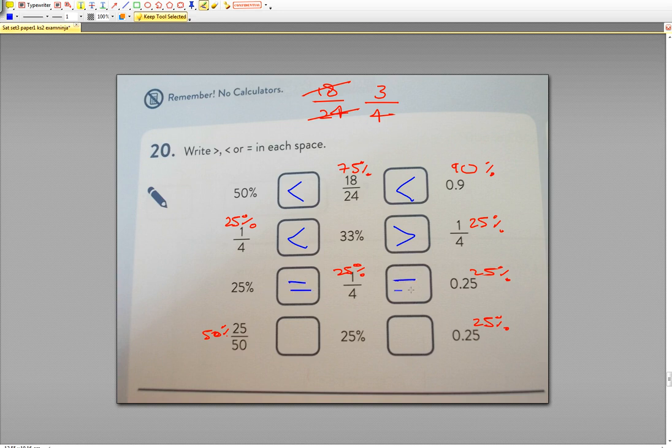Equal and equal. 25 is equal to 25 is equal to 25. Now 50, 25, 25. 50 is more than 25, and 25 is equal to 25. Are we happy with that? Yes.